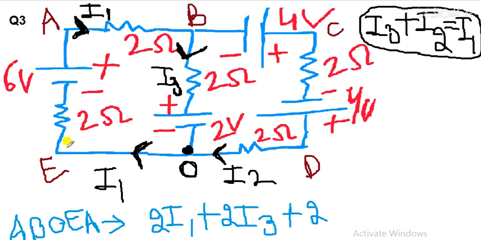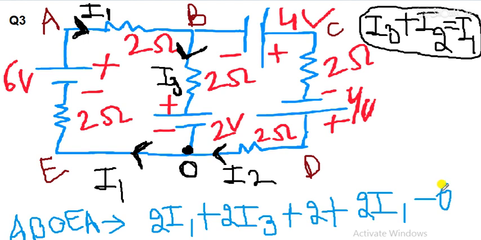Then we are again moving in the direction of current, so plus 2I1 will be there again because we are moving in the direction of current. Now we are moving from negative to positive terminal of the battery. Here you can see negative to positive, so I will take -6.